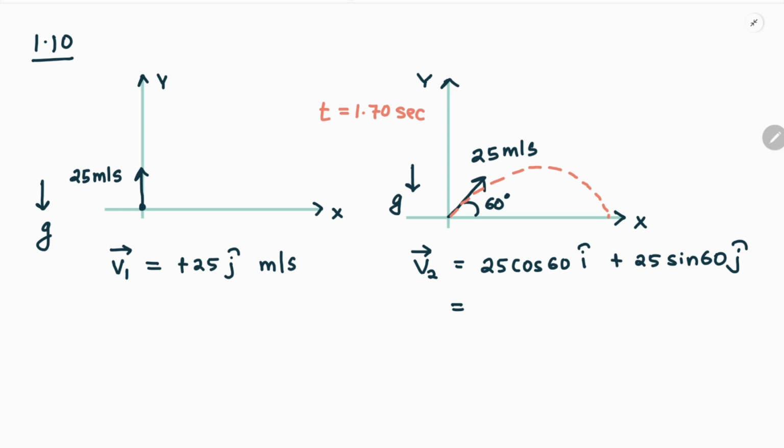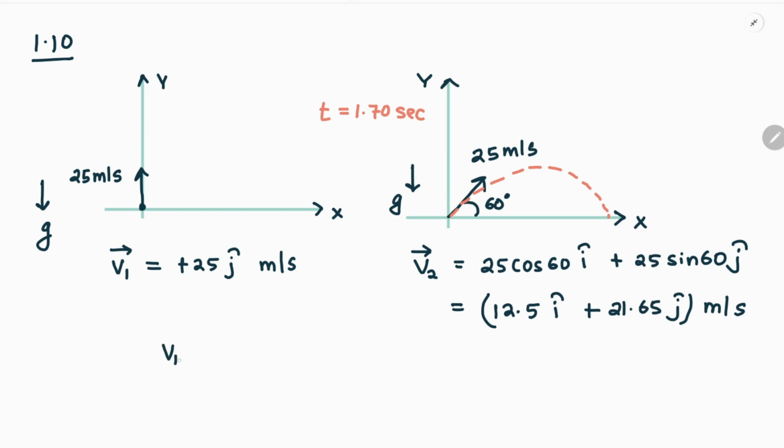Then we can solve it as 12.5 i cap plus 21.65 j cap meters per second. So these are the two velocities that we have.